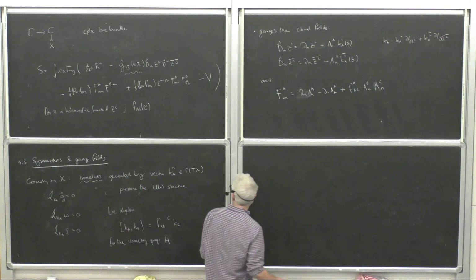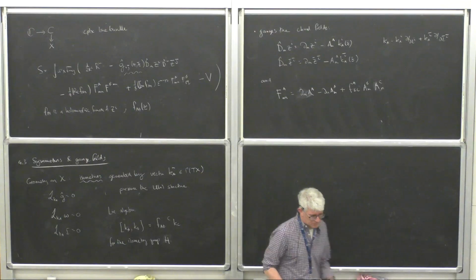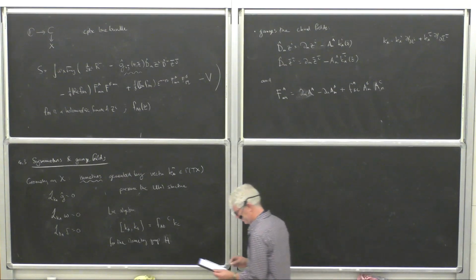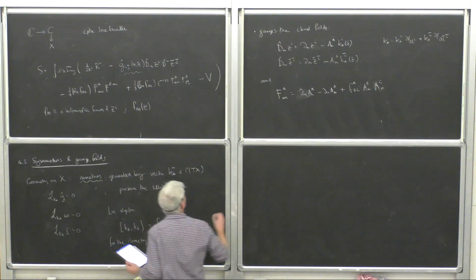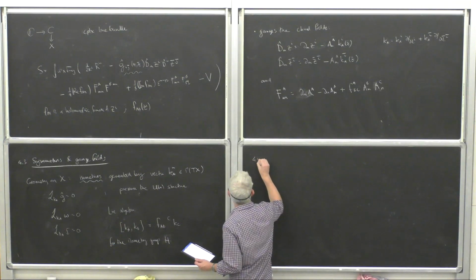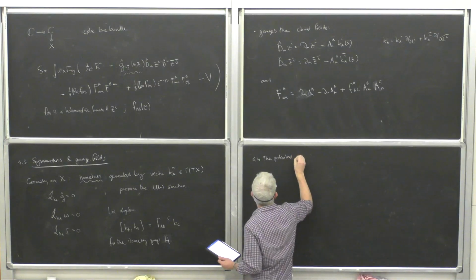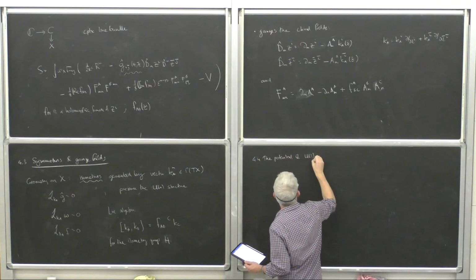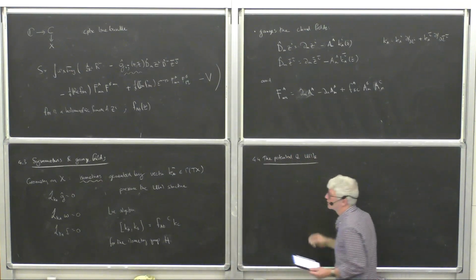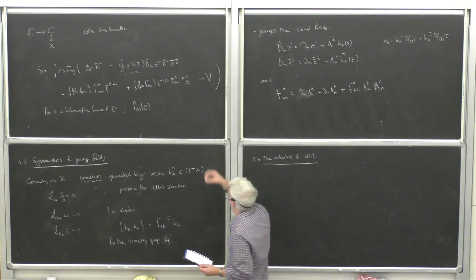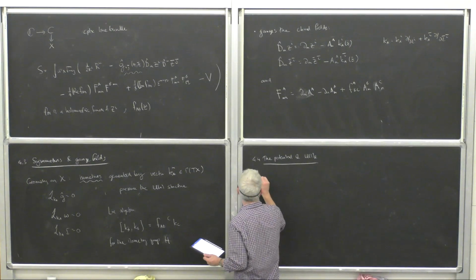Okay, so what about the potential? Now let's talk about the potential. And I'm also going to start talking about the U(1)_R symmetry. So let me tell you what this potential term is. And again, I just have to write down some more things.